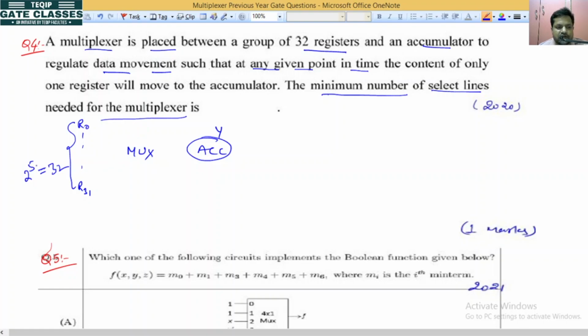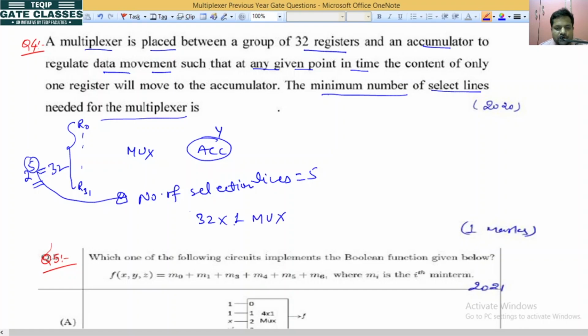So how many selection lines will there be? 32 can be written as 2 to the power 5, and this power gives you the number of selection lines. So the number of selection lines will be 5. If someone asks which mux you can use to implement it, 2 to the power 5, that is a 32 cross 1 mux, if you want to implement this. So the number of selection lines will be 5.